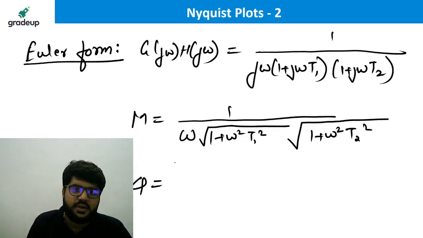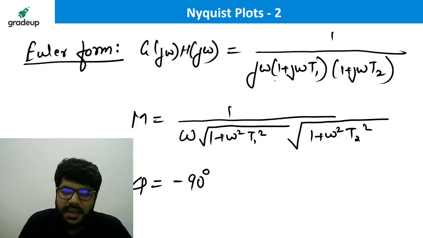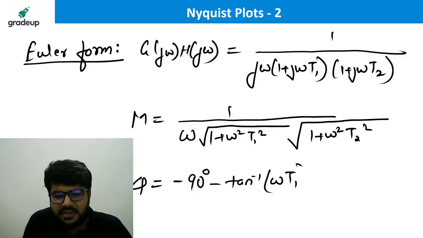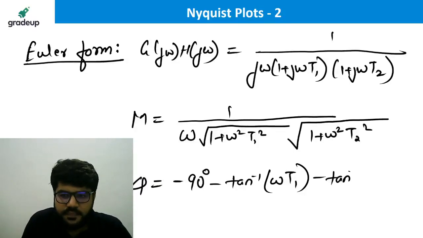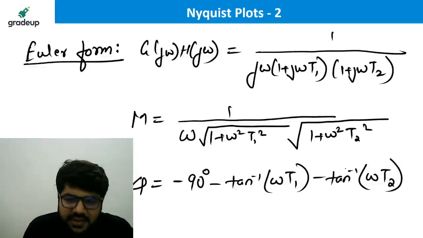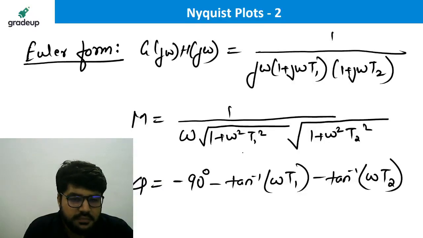And what is the phase? Numerator 0, and for the denominator directly write minus, first of all 90 because of the pure imaginary term, minus tan inverse omega T1, minus tan inverse omega T2. Minus 90 minus tan inverse omega T1 minus tan inverse omega T2 is the phase.